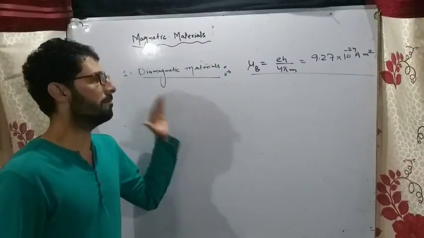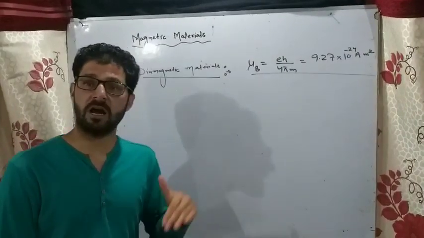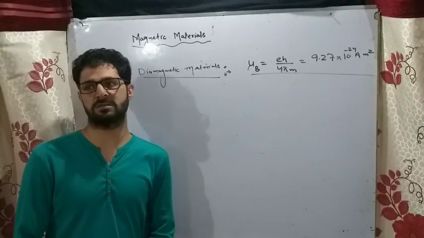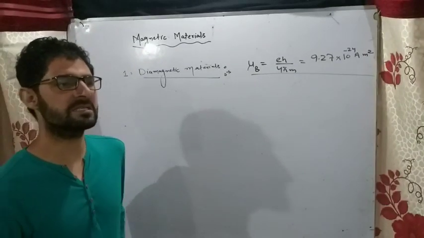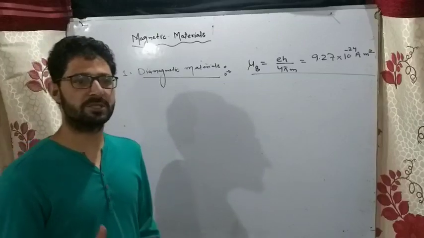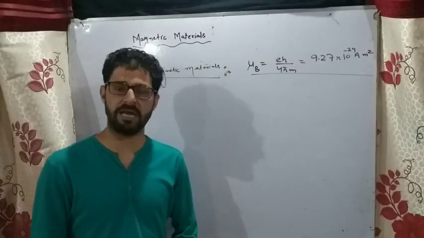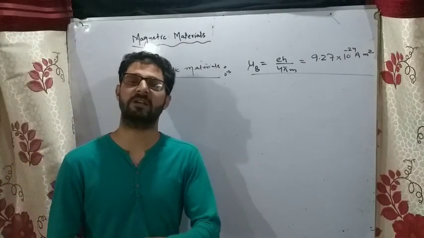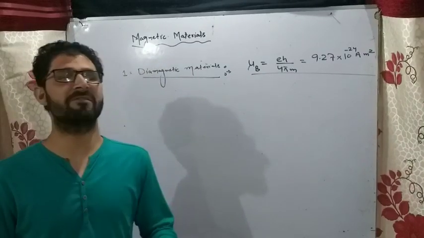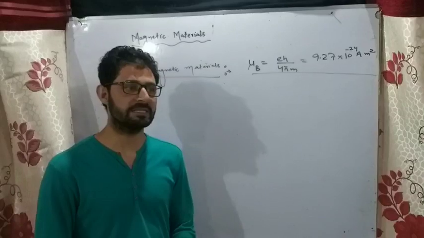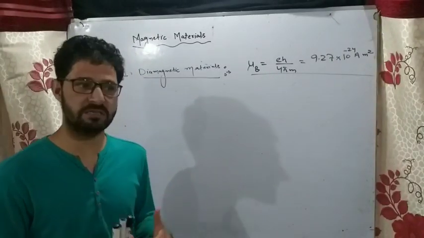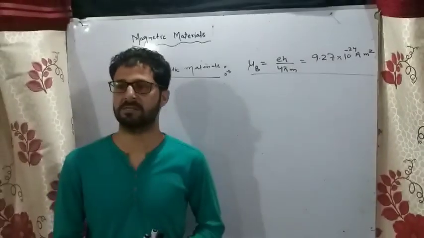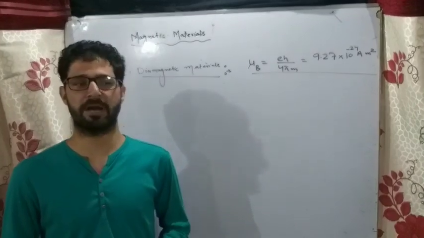For example, wood, plastic, glass, and many others. These are examples of diamagnetic materials. They are not magnetized in the direction of the applied magnetic field.